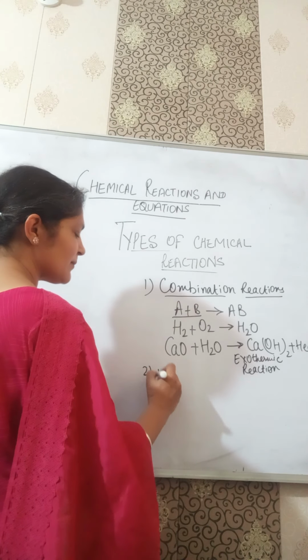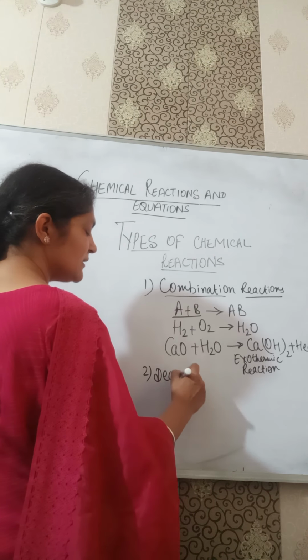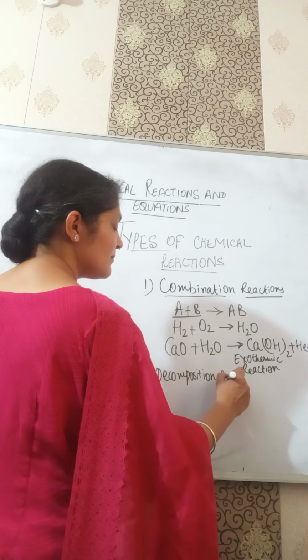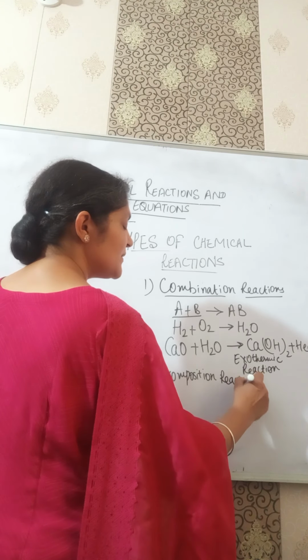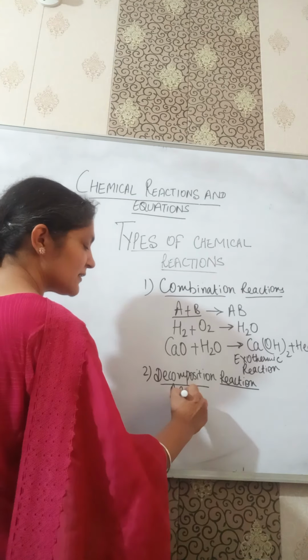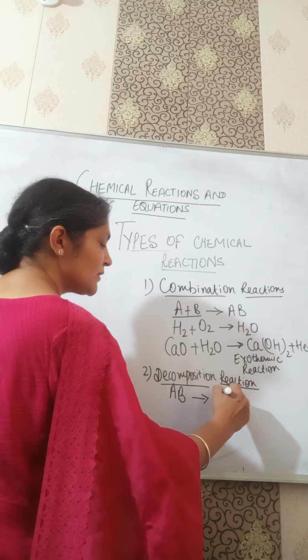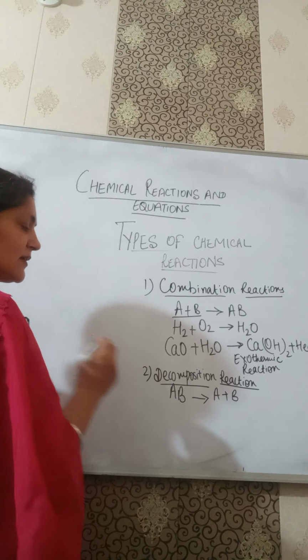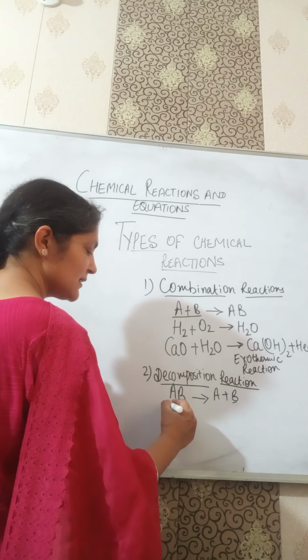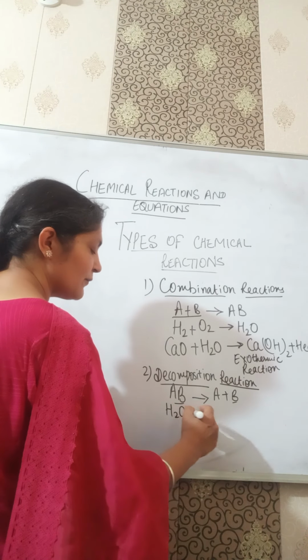Now the second type of reaction is decomposition reaction, which is opposite to the combination reaction. Why opposite? Because in decomposition reaction, one reactant is converted into two or more products. Like we will take the example of water.